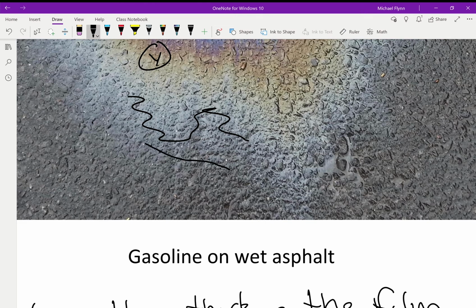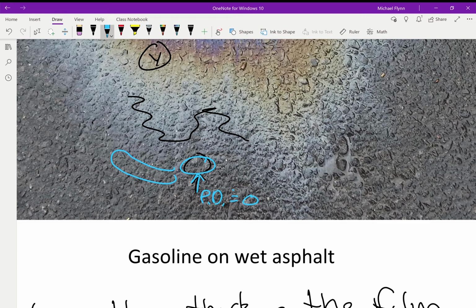Right here, this is where the film is incredibly thin. And here, your path difference, right at the edges where you don't see anything, is approximately 0. Now there is film there, but it's just super thin, and it's totally invisible. You don't see any reflection from it whatsoever.